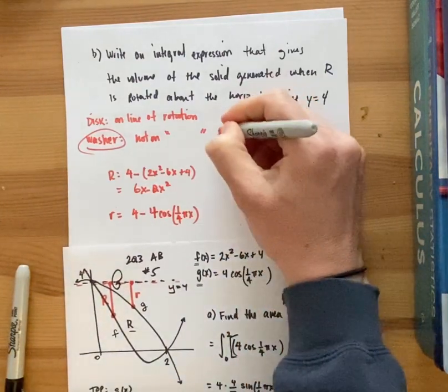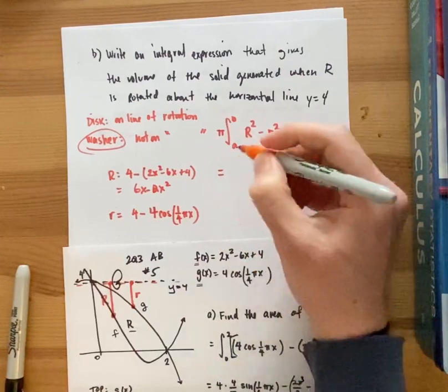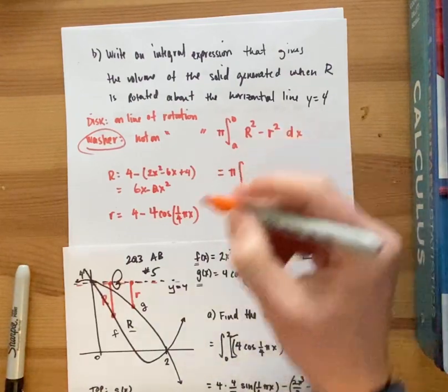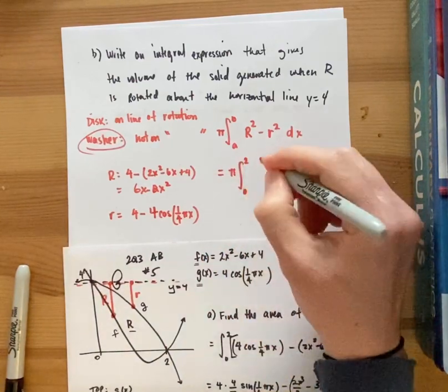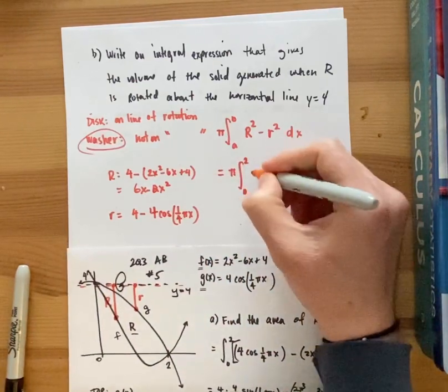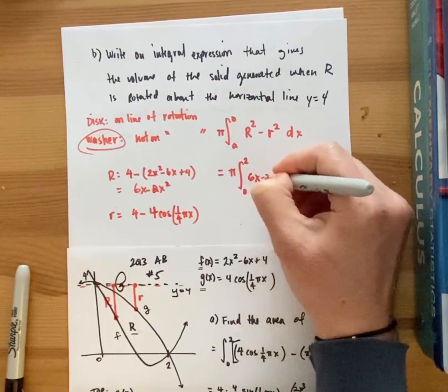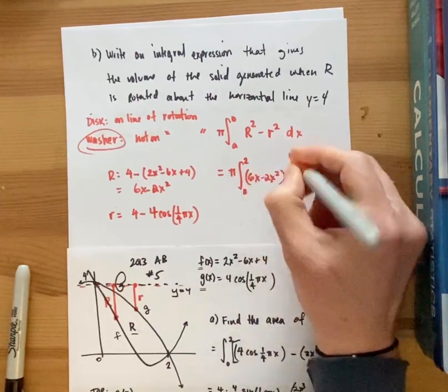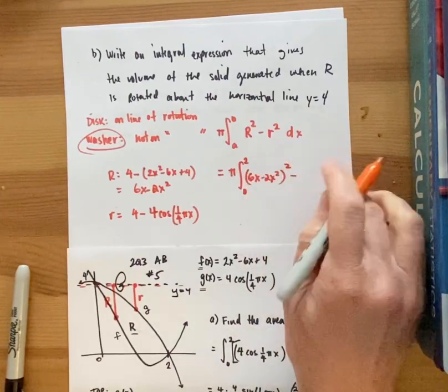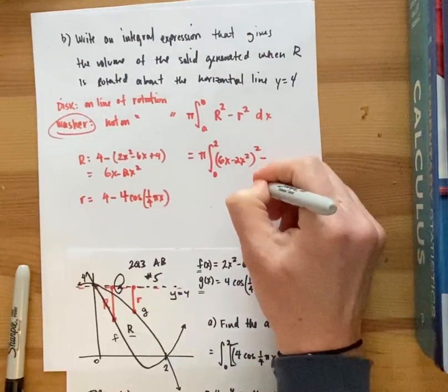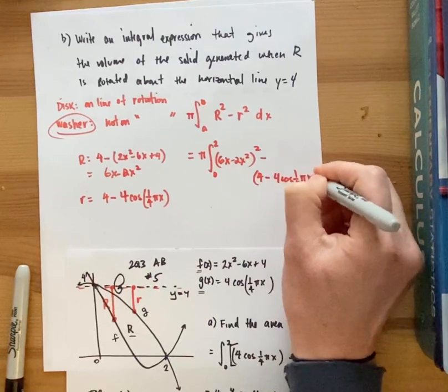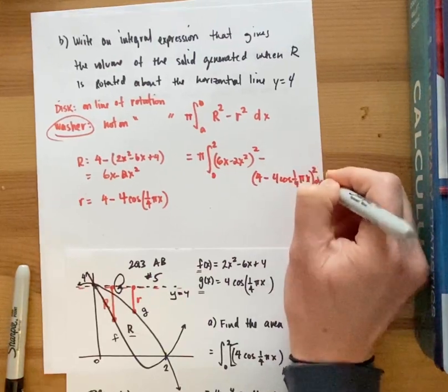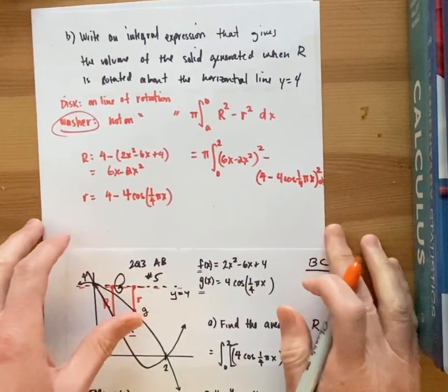Oh, and then don't forget pi. So here we got pi. My intersection is still going to be the same because it's 0 to 2, because we're using the x. And then big radius, which is 6x minus 2x squared, the whole thing squared, minus 4 minus 4 cosine 1/4 pi x, the whole thing squared, and we're dx.